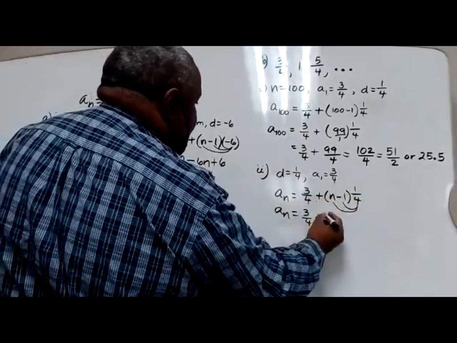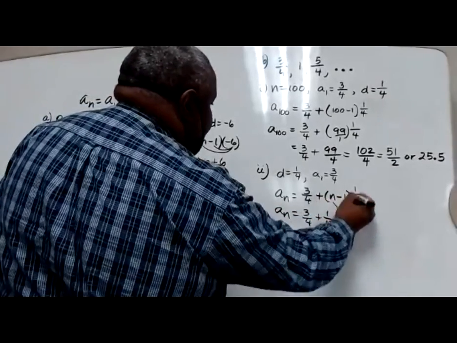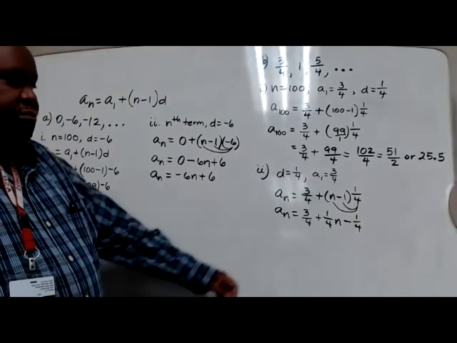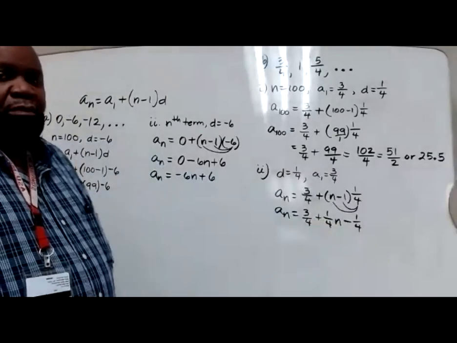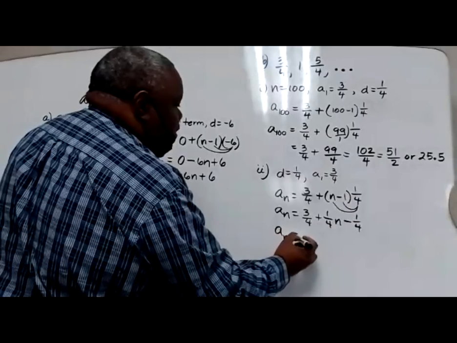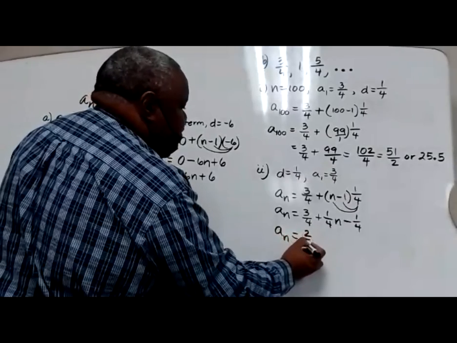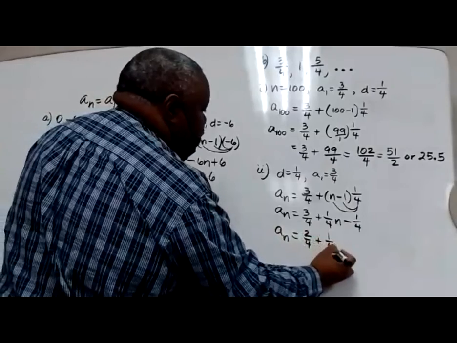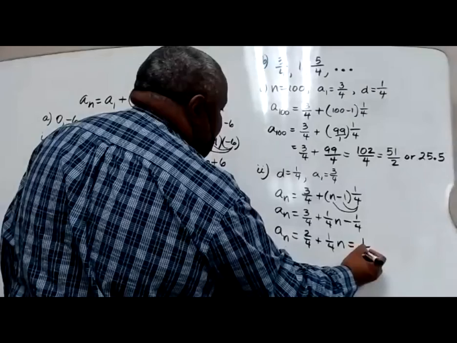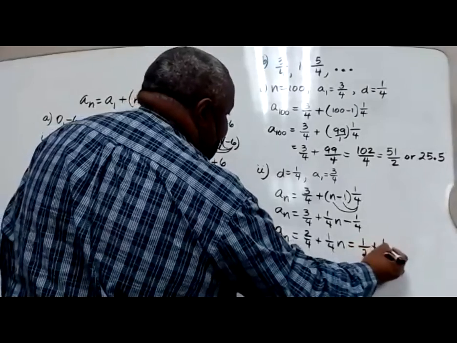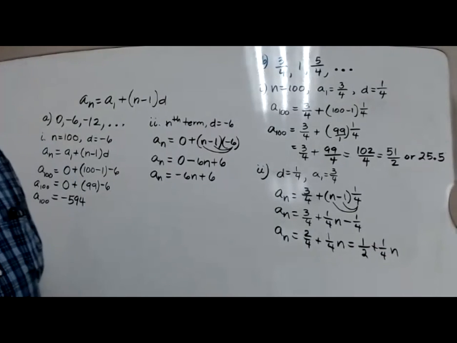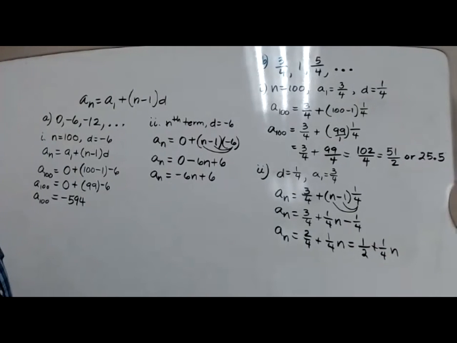This will be 1/4 n minus 1 times a 4th, which would be 1/4. And then combine like terms. 3/4 minus 1/4 is 2/4, plus 1/4 n. But we can reduce 2/4 to 1/2. So the nth term of that sequence will be 1/2 plus 1/4 n.